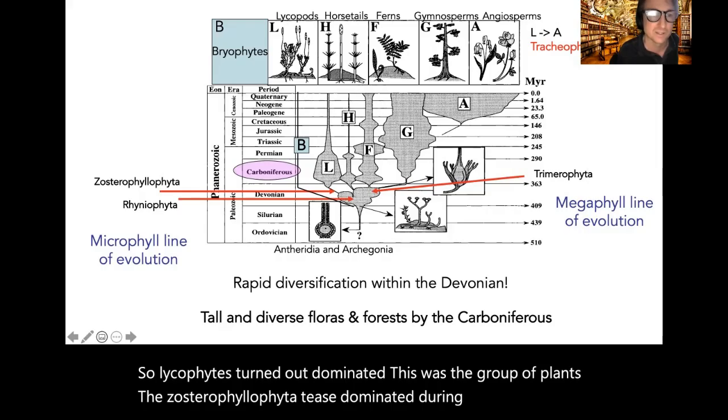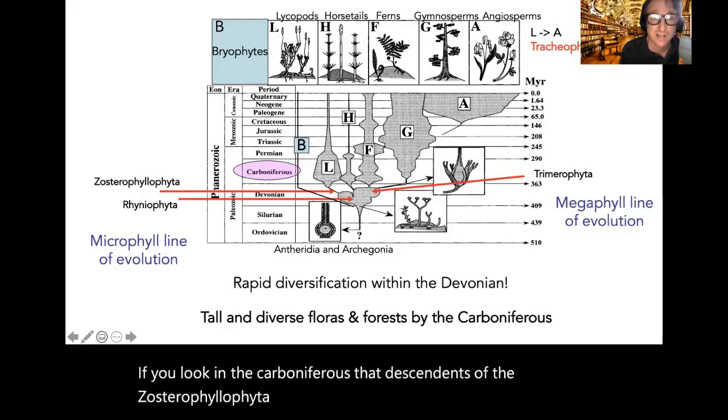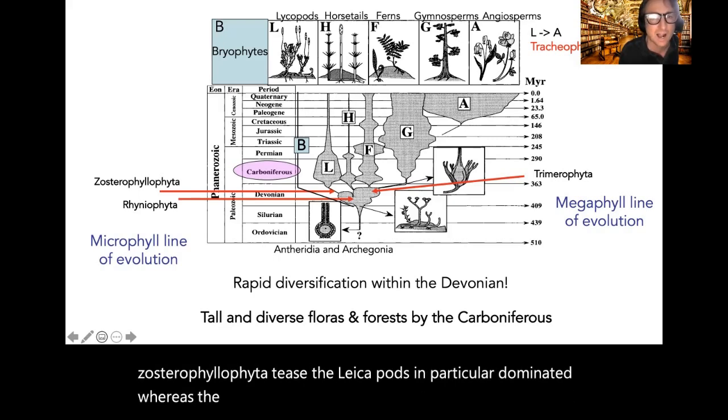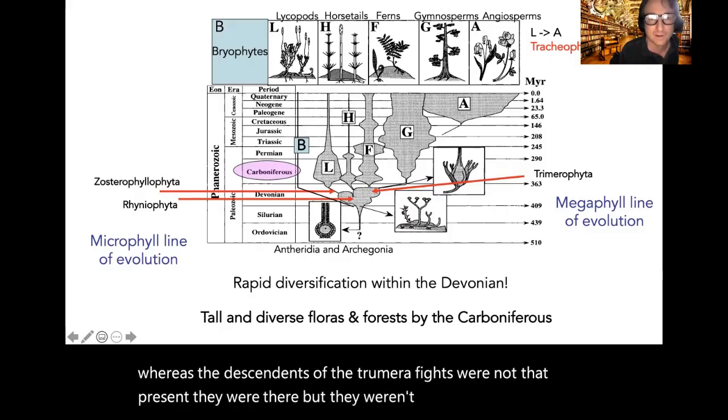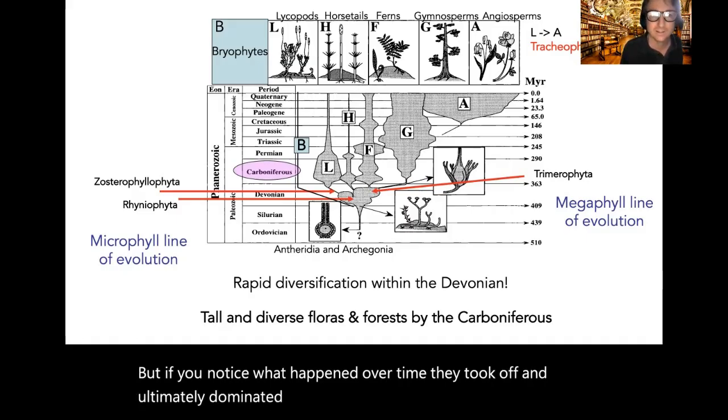If you look in the Carboniferous, the descendants of the Zosterophyllophytes, the lycopods in particular, dominated. Whereas the descendants of the Trimerophytes were not that present. They were there, but they weren't really too dominant. But if you notice what happened over time, they took off and ultimately dominated and outcompeted this other set of descendants from the Zosterophyllophytes.